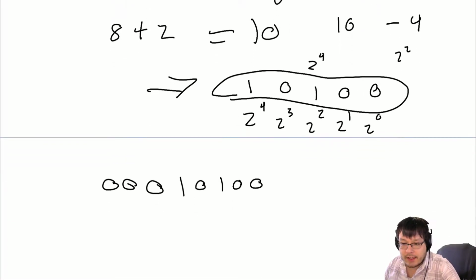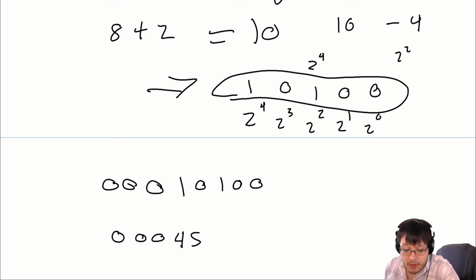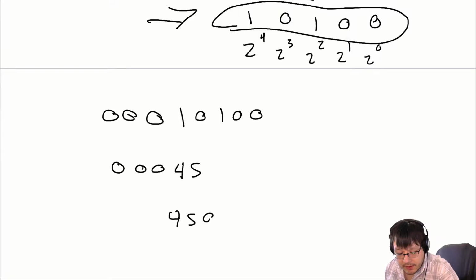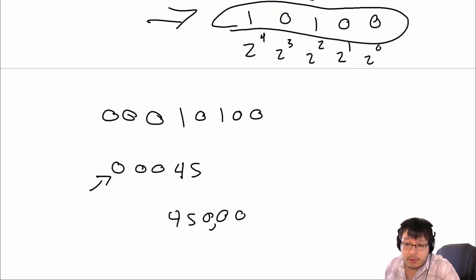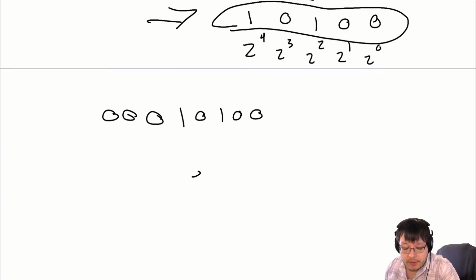It's kind of like in the decimal system: if I wanted to store the number 45 but always wanted all my numbers to have 5 digits in length, I could just put leading zeros, which don't change the number. We don't want to put trailing zeros like this because that changes the actual number. Now this is 450,000, whereas this is still 45 because these leading zeros are insignificant. You can apply the same concept to binary by just putting leading zeros like that, okay?